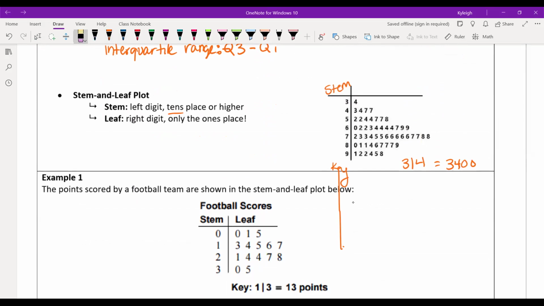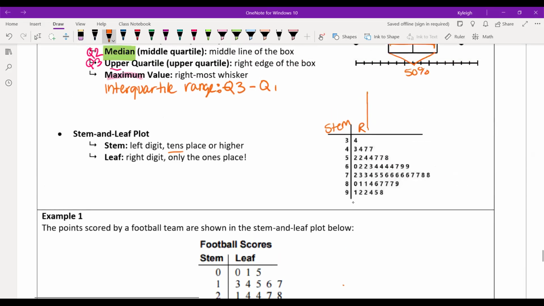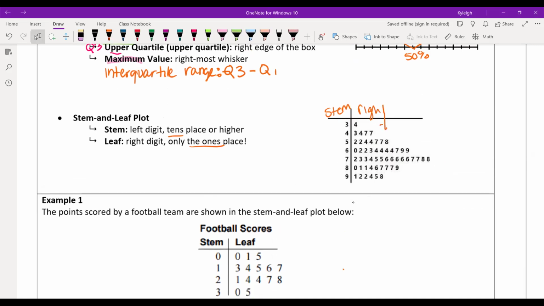This one doesn't have the key though, so we're just going to assume it's the tens place. The leaf is the right side, and that is only the ones place. Okay, so that's a stem and leaf plot.